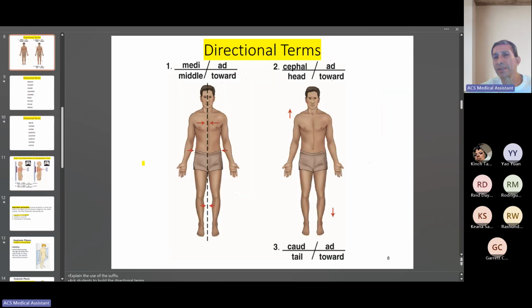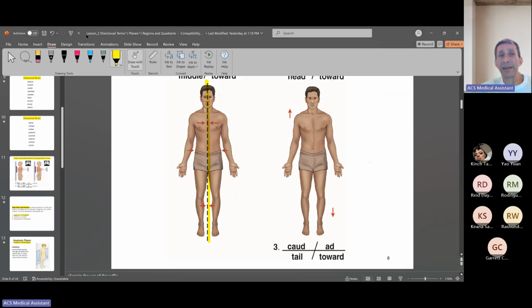Let's go to this image right here. Here, the body is divided into equal parts. Why? Because I'm dividing the body right in the middle. So this will be mid-sagittal. Let's say that I do not divide the body in the middle, but I'm going to divide the body in sides.